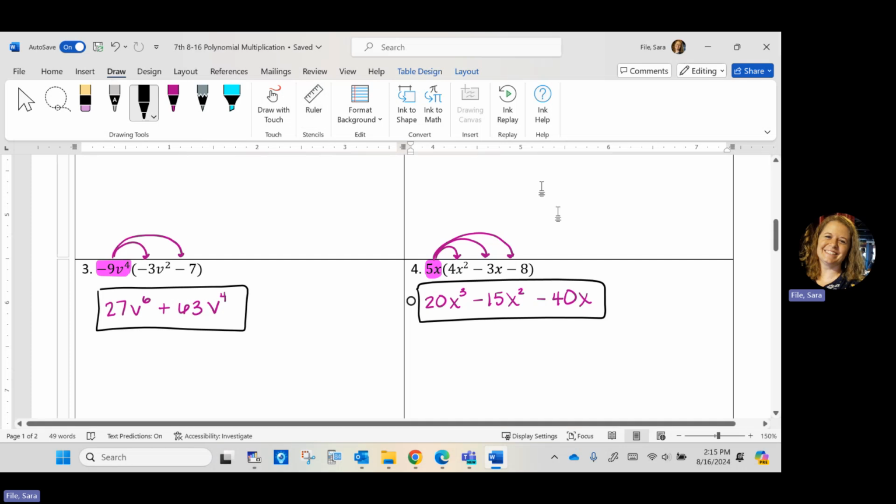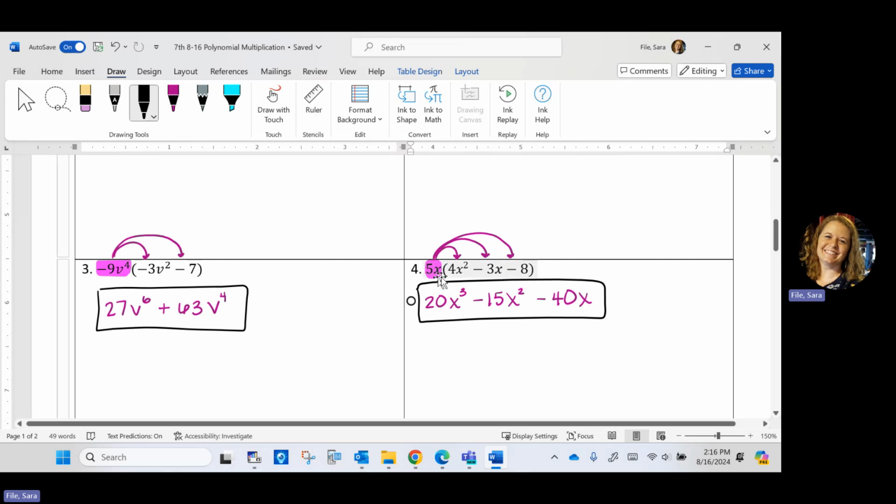Is it 20x to the power of 2, x minus 4x? Very close. All of your coefficients are exactly right, but let's double check your powers on the variables. So y'all look at the variables here. When we multiply 5x times 4x squared, 5 times 4 is 20, but the x times x squared becomes x cubed.